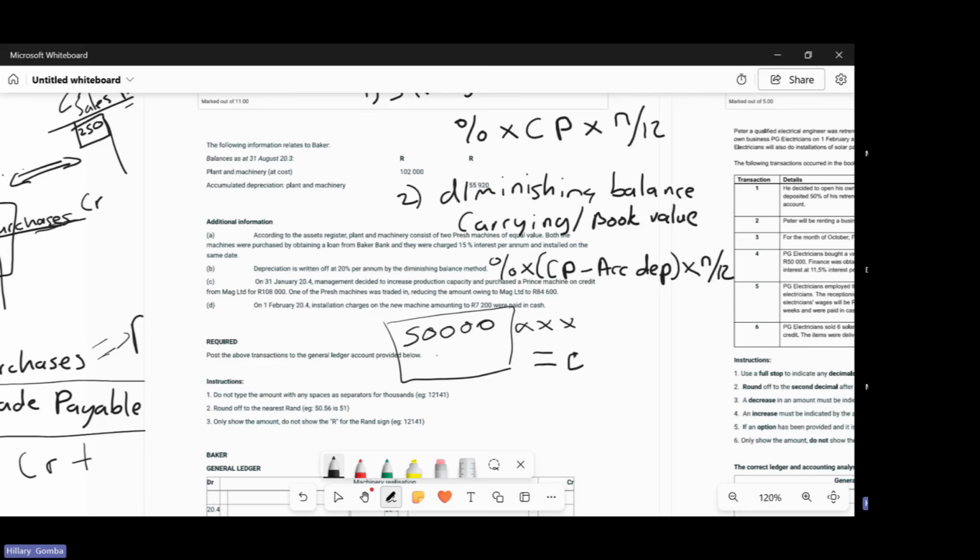So anything that has to do with the installation of the machine, the delivery of the machine, you add that amount to the price that they said the machine was, so that we can come up with the total price of that machine that we bought. Do you understand?